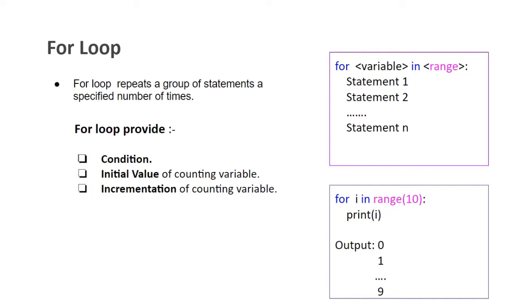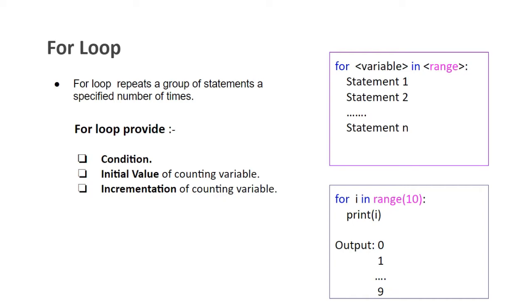So in our case now we have i equals 1. Then it will go to the print statement and print the value of i, which is 1. So 1 will be printed. Now it is automatically incremented, so i will be 2 and then it will print 2.